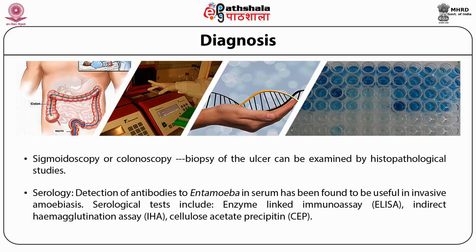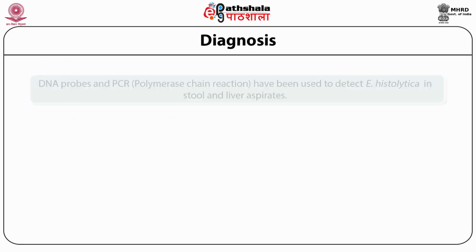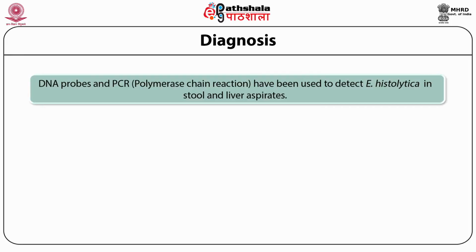Serological tests include enzyme-linked immunoassay, which is ELISA, indirect hemagglutination assay, which is IHA, and cellulose acetate precipitin. DNA probes and PCR, polymerase chain reaction, have also been used to detect Entamoeba histolytica in stool and liver aspirates.